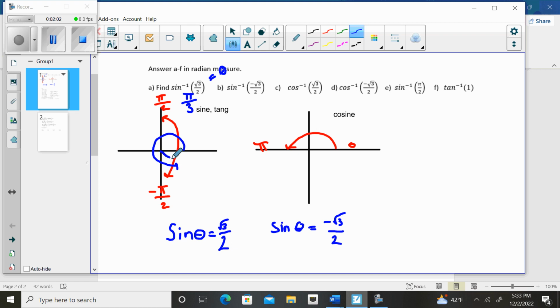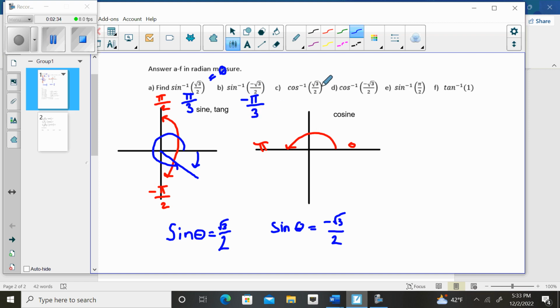We look at the coterminal angle, which is found by going like this, okay? Because what I first drew in blue would not be an angle in between negative 90 and positive 90. So we need this angle right here. The reference angle, of course, is 60 degrees, right? Pi over 3. So our final answer then would just be negative pi over 3.